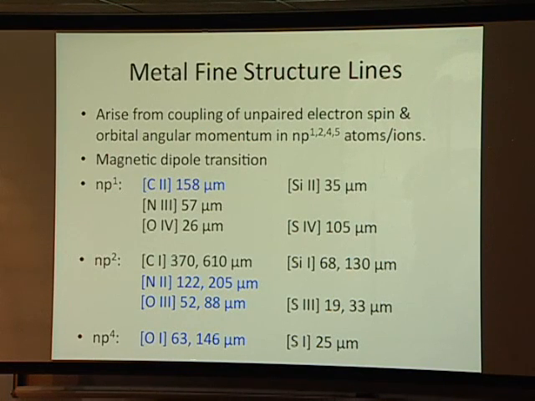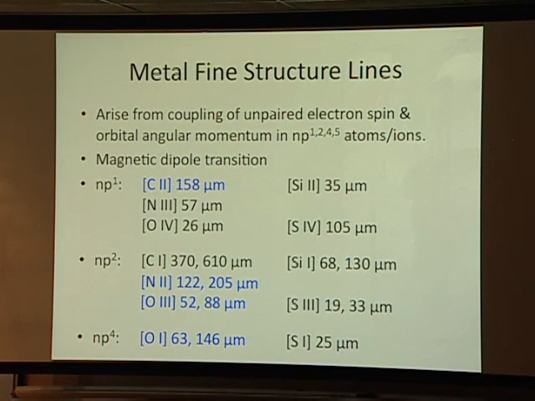All right, in my remaining time, I'd like to talk about metal scattering features. Once you have the first generation of stars and you've polluted the intergalactic medium with some metals, carbon, nitrogen, oxygen, silicon, sulfur, and so on, you can start imagining that the magnetic dipole transitions, the fine structure transitions of those metals, will start scattering the CMB.